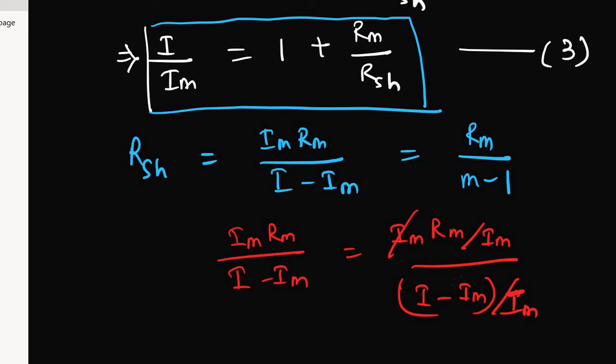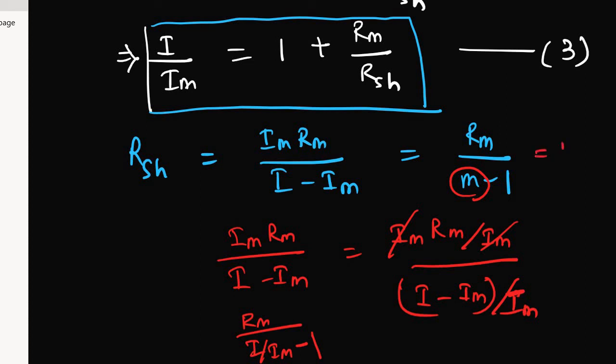Now I cut out IM and IM here. Now in the denominator it will be RM divided by I divided by IM minus 1. So this I by IM ratio is called the multiplying power. So I denoted it as M only, so M minus 1 will be in the denominator for RSH.